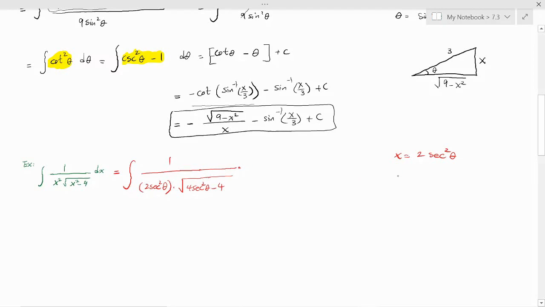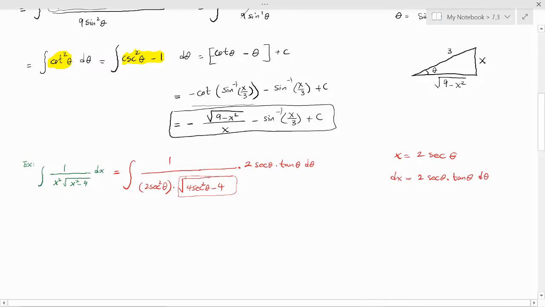And dx would be the derivative of 2 secant theta, which is 2 times the derivative of secant, secant tangent. So I can replace dx with 2 secant theta times tangent theta d theta.